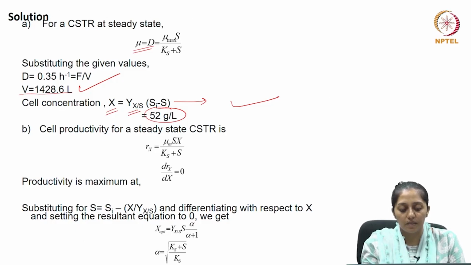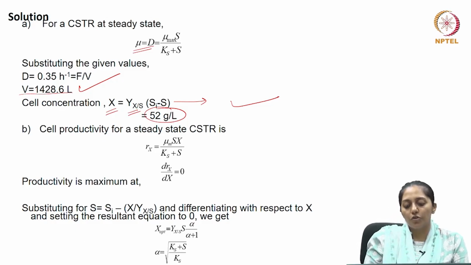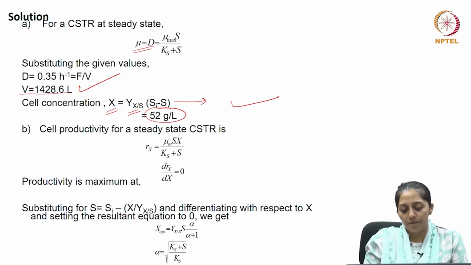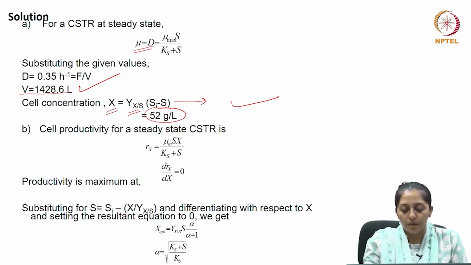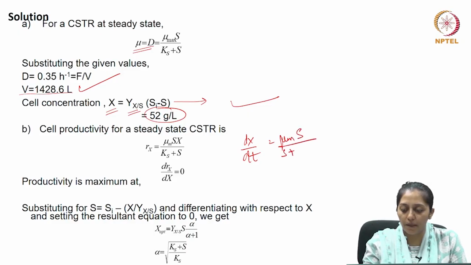So, let us first try to find out what should be the dilution rate at which maximum productivity can be obtained. So, it is being operated for maximum productivity. So, we know Rx is nothing but dx by dt, which is mu m s upon s plus ks by Monod's model.